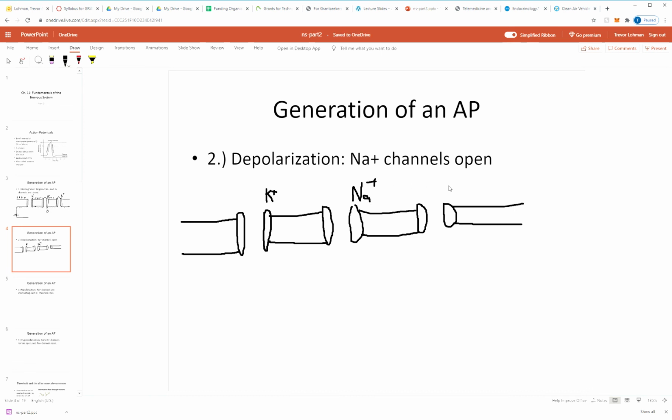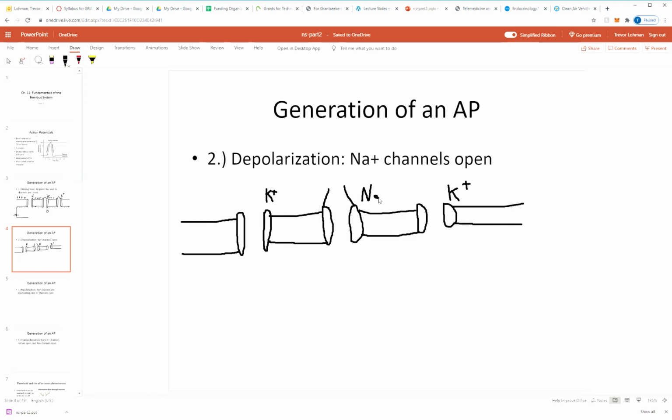And this is a voltage-gated potassium channel. Now, during depolarization, the sodium channels are open. That's what causes depolarization. Sodium is a positive ion. This looks like a W the way I drew it, let me fix that. Sodium is a positively charged ion, and we talked a lot about this last quarter.